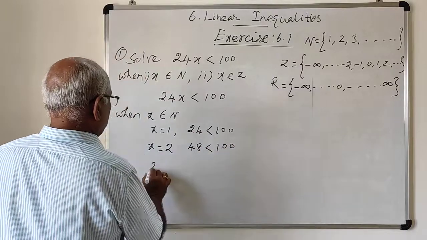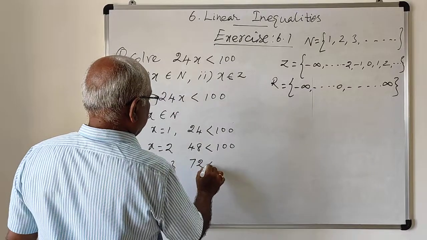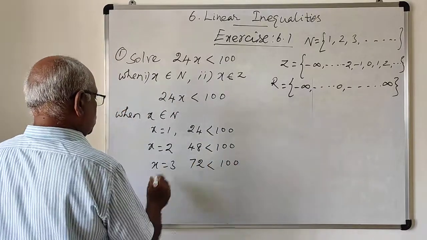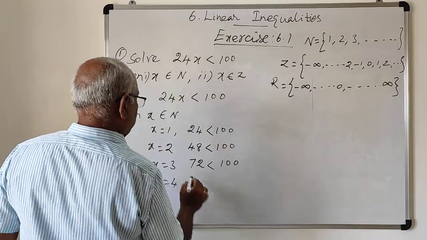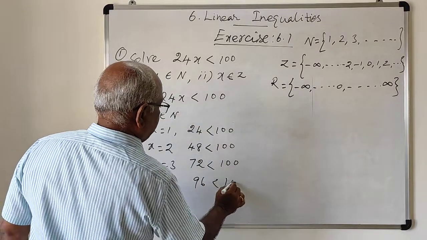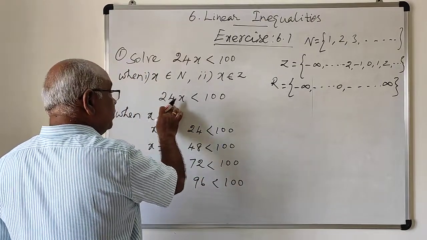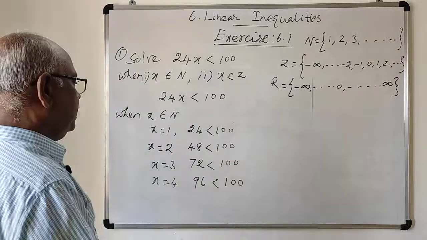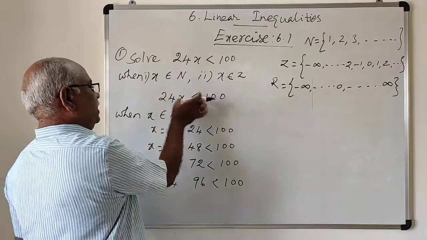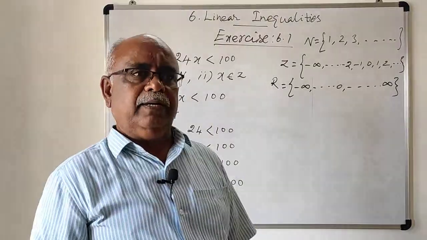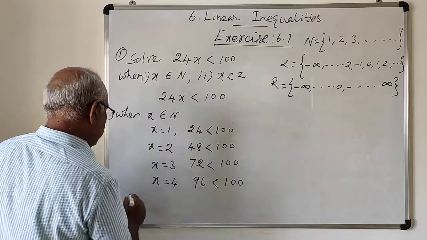If x equals 3, 3 24s are 72, also true. If x equals 4, 4 into 24 is 96, also less than 100. If x equals 5, 5 24s are 120, which is not less than 100. Here, the inequality fails.